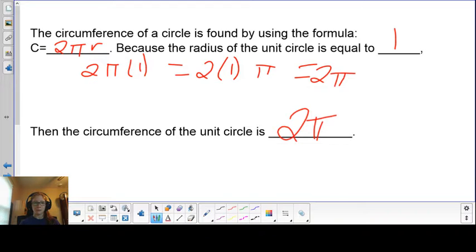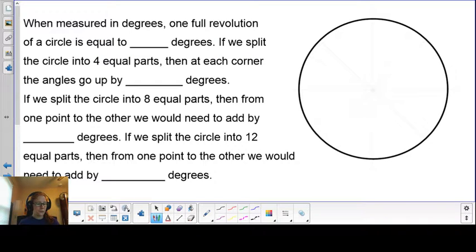Now let's talk about degrees for a second. When we talk about a circle in degrees, one full revolution, or one whole way around, is how many degrees? Well, that's a simple 360 degrees. Good.